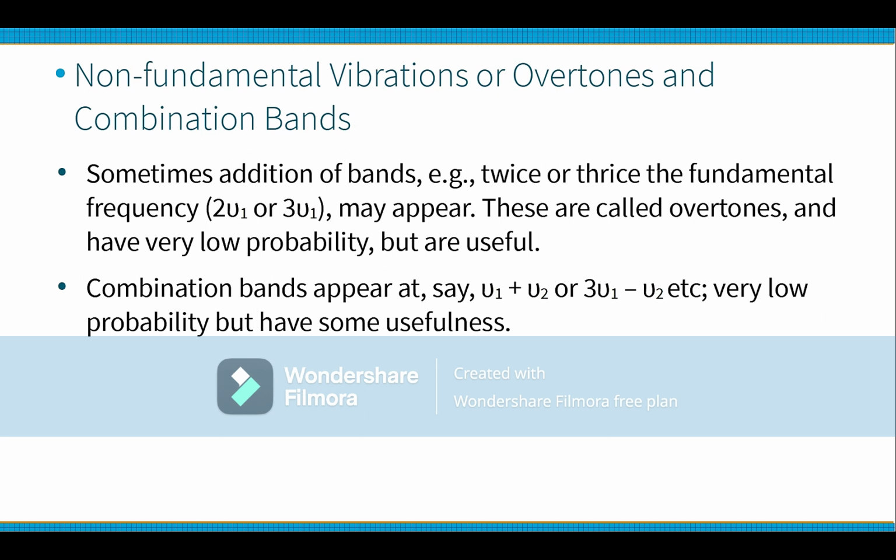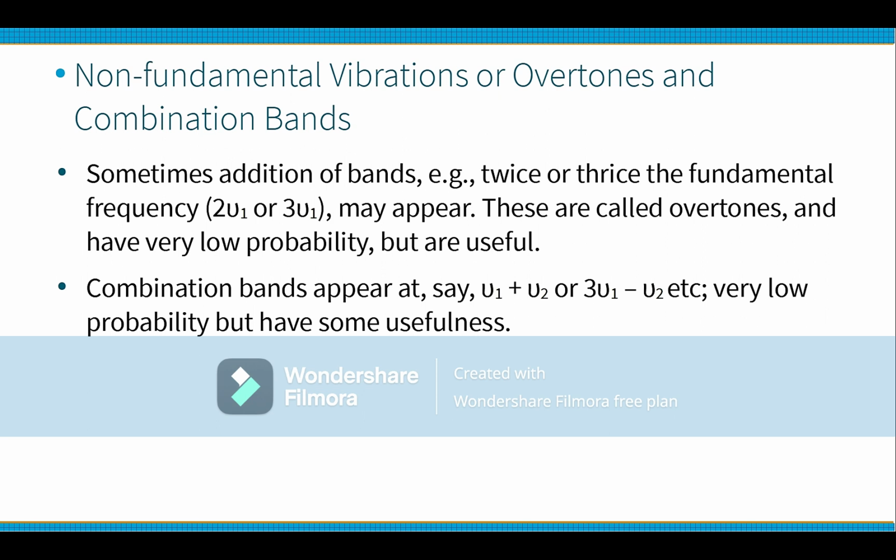Here I have mentioned a little bit about what are non-fundamental vibrations or overtones and combination bands. Sometimes the vibrational waves combine together and peaks appear at twice the original frequency, 2 nu 1, or even thrice, 3 nu 1.